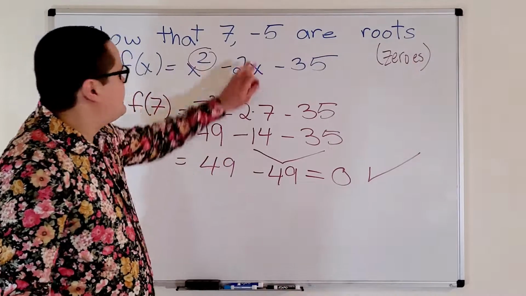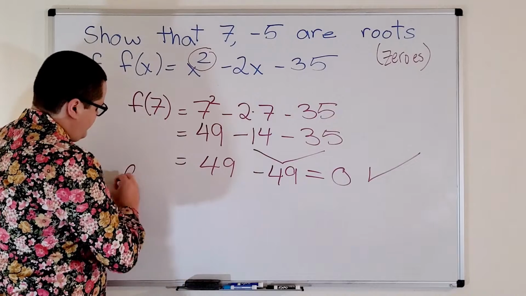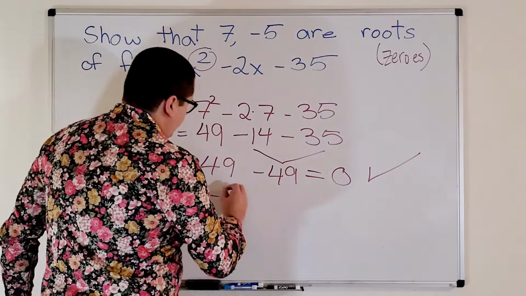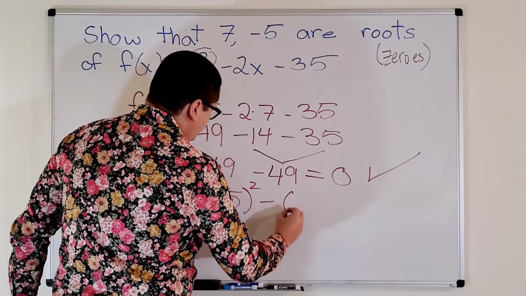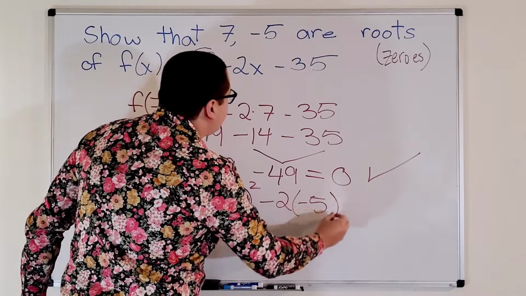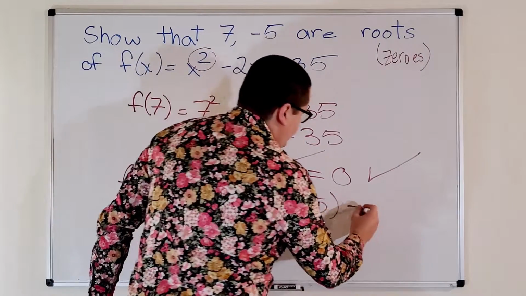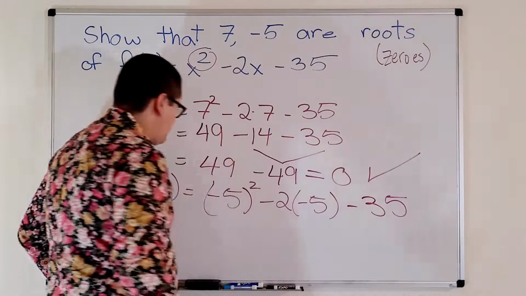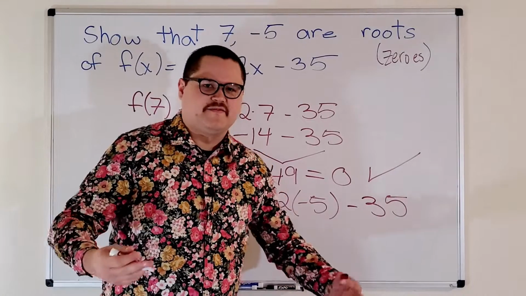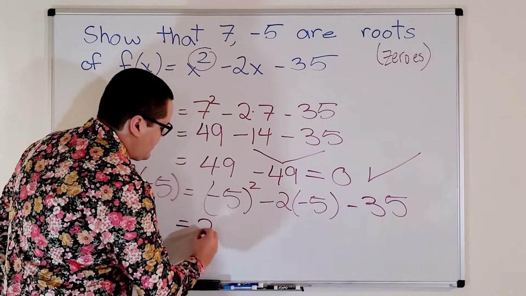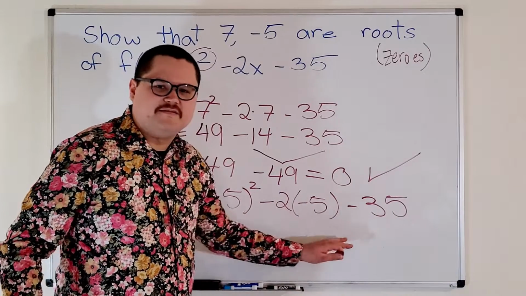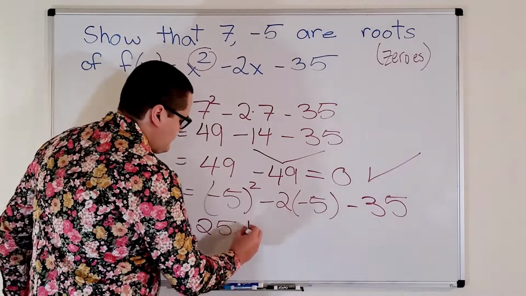All right, let's try -5. So f of -5 is -5 squared minus 2 times -5 minus 35. So -5 squared, -5 times -5 is positive 25. Remember, negative times negative is a positive. Same here, -2 times -5, positive 10.